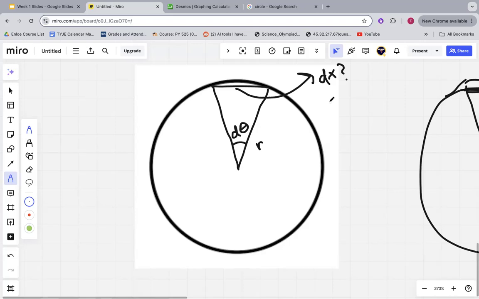Try not to use any trig. Remember, d theta is really, really small.